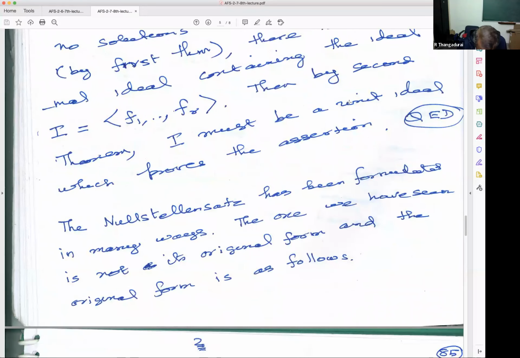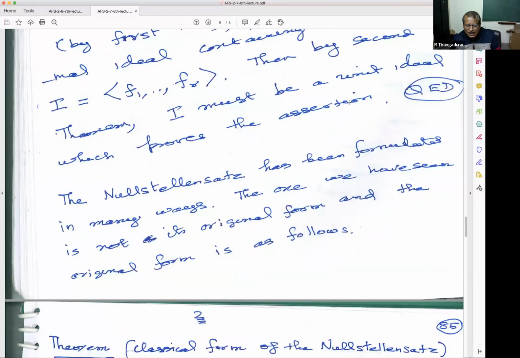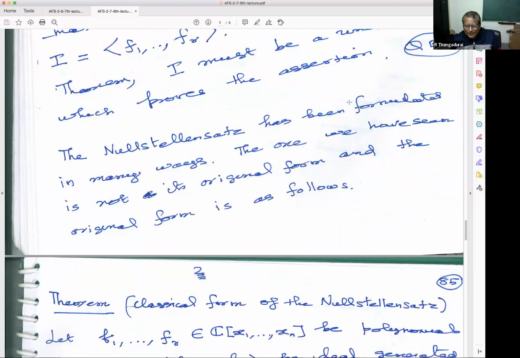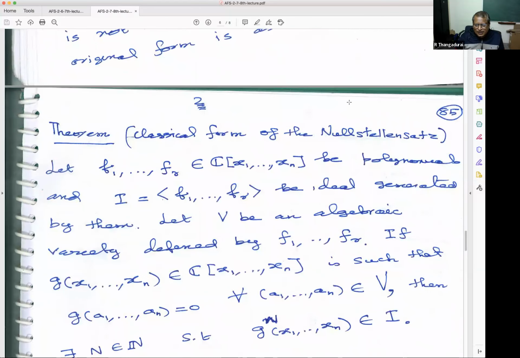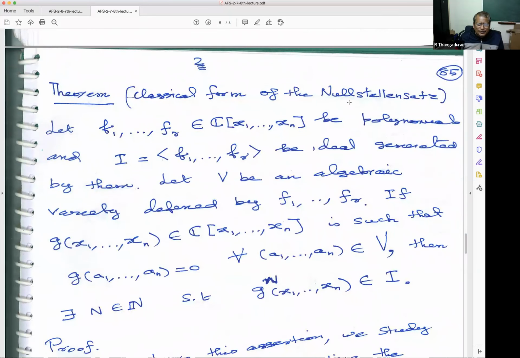So the Nullstellensatz, what it said, is studying the maximal ideals in the polynomial ring in n variables, how they will look. Any maximal ideal will look like it is generated by linear factors. That is what we have seen in the Nullstellensatz. The original form is something different, in terms of varieties.